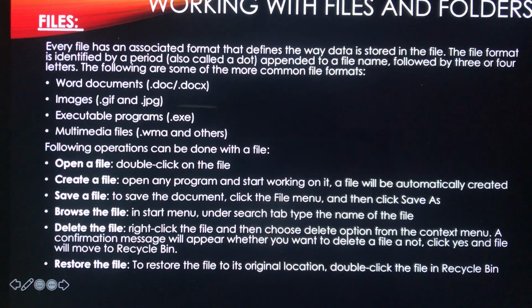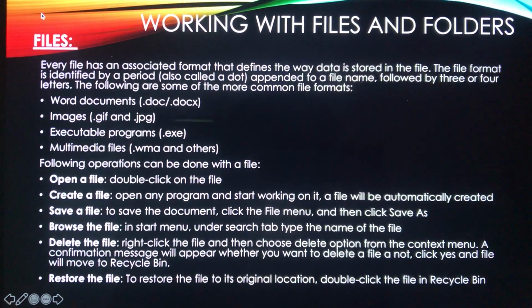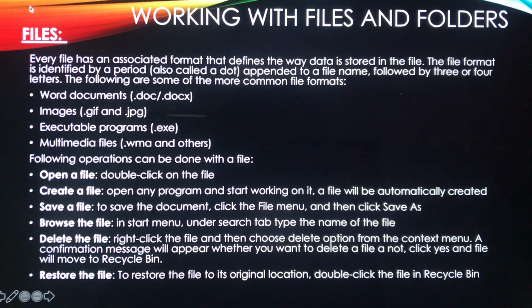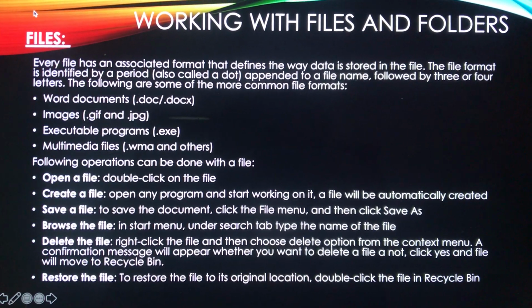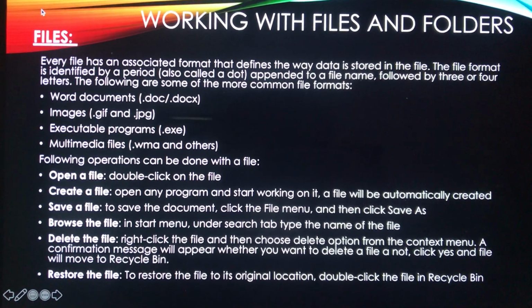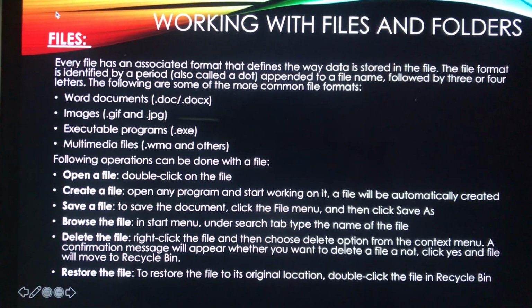Just right click on the file and then choose the delete option. After right clicking, the menu that appears is termed the context menu. From that select the delete option. They will ask you a confirmation message whether you are sure you want to delete your file or not. If no, click on no and that file will remain intact.